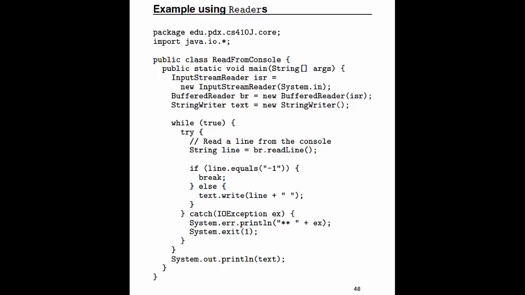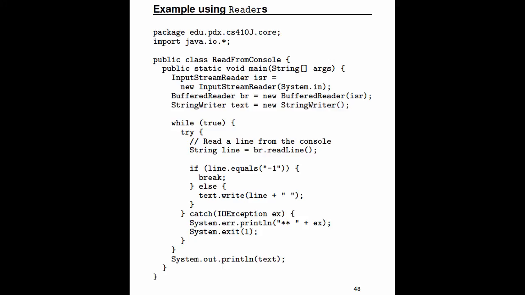So we want to read from standard input. Standard input is System.in, but if you look at the type of that field, it is an input stream. So it reads bytes from standard in. We don't want to read bytes. We want to read text. We want to read characters.